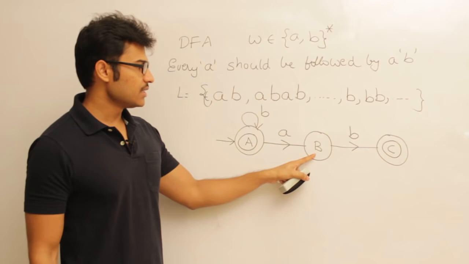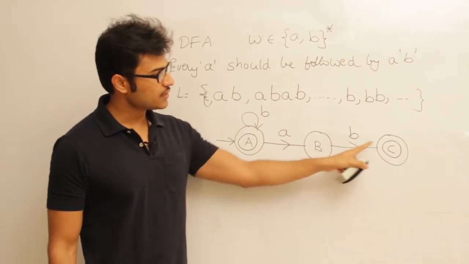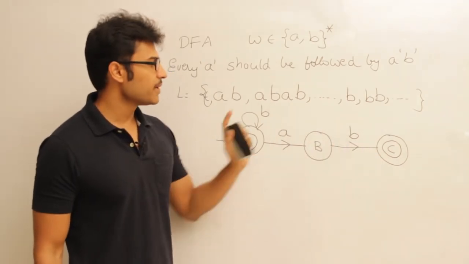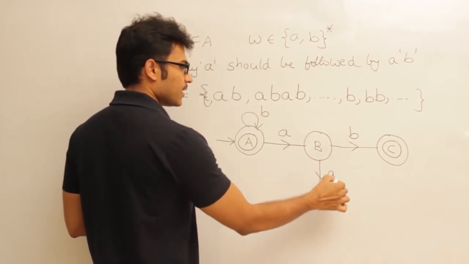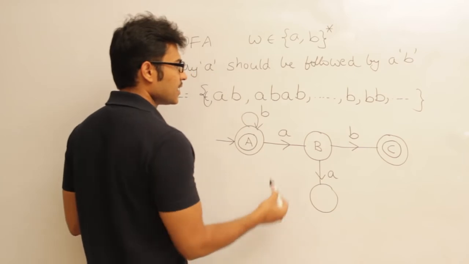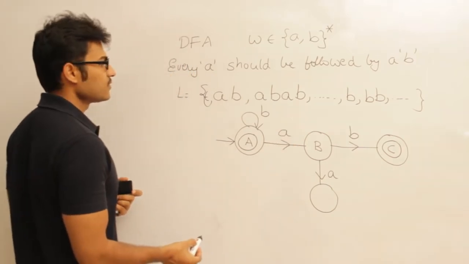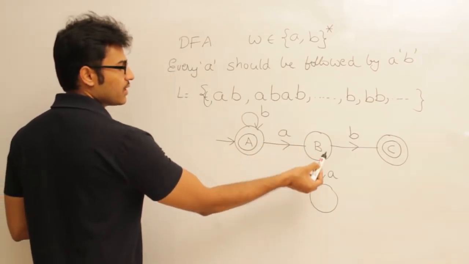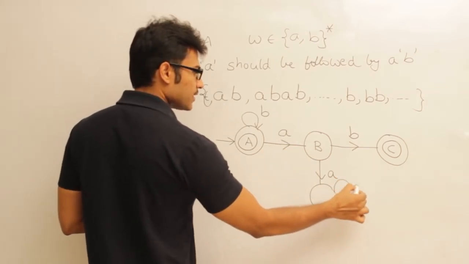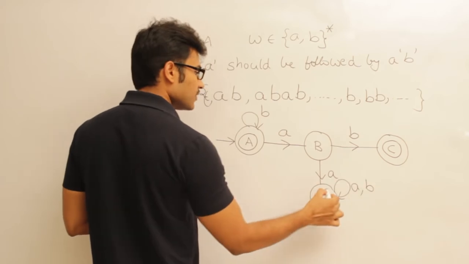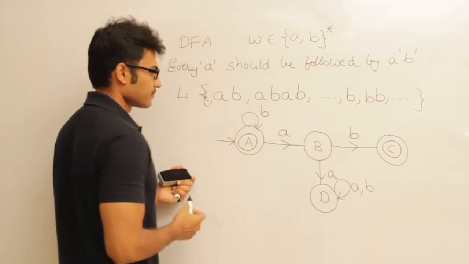So state B will send us to C only if A is followed by B, but if A is followed by A, it should not send us to C. I should not allow any strings in which A is followed by A. If I get any A followed by A, I am going to kill it. So this is going to act as a dead state, right?